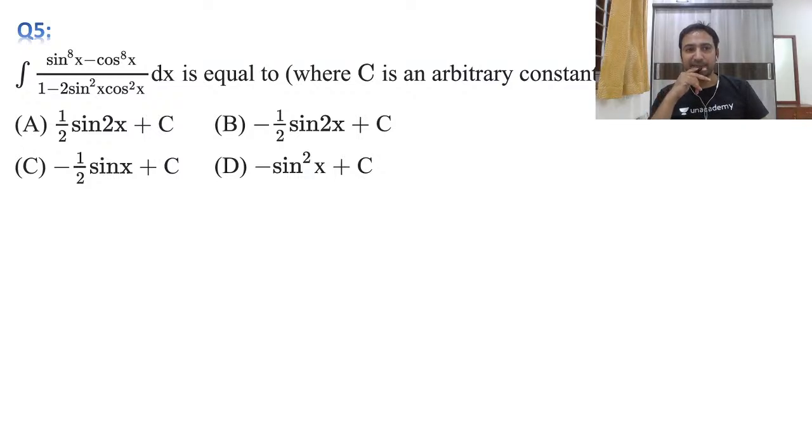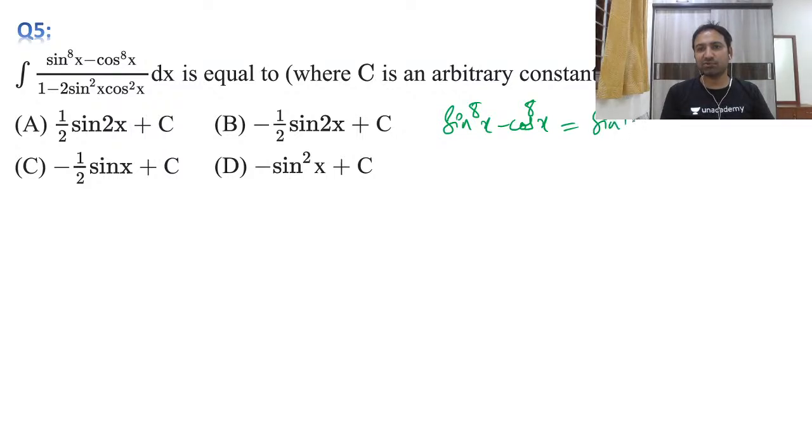Right, next question, guys. Sin power 8x minus cos power 8x. Let's simplify this, guys. Can I write it like sin power 4x minus cos power 4x into sin power 4x plus cos power 4x?